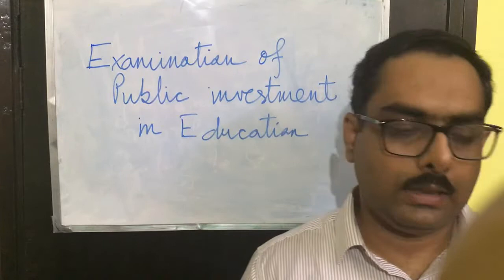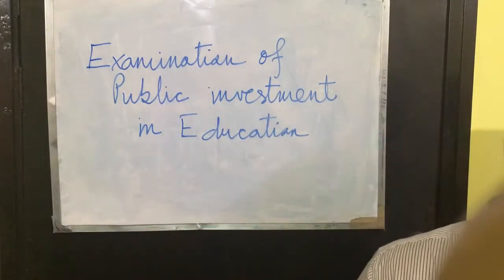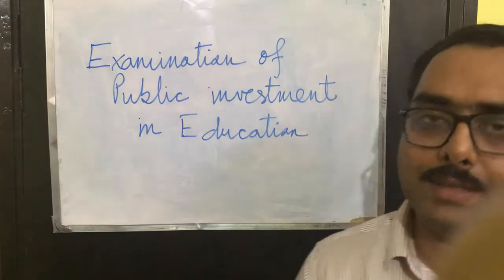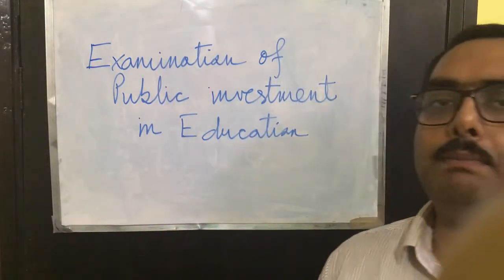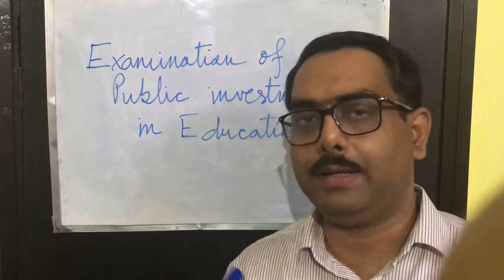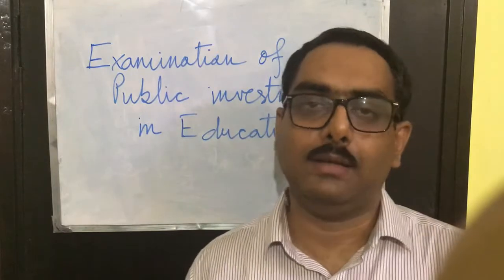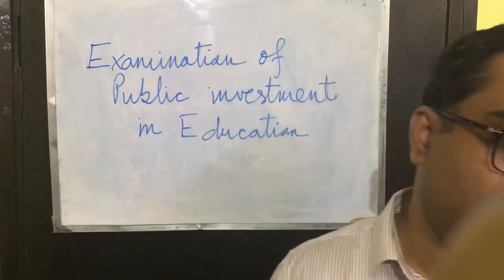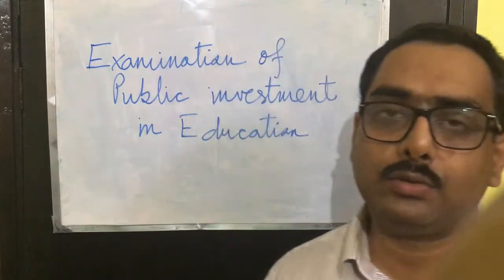Intersectoral allocation of resource can be examined by looking at a couple of important indicators. There are two important indicators to examine the intersectoral allocation for education. What are those indicators?